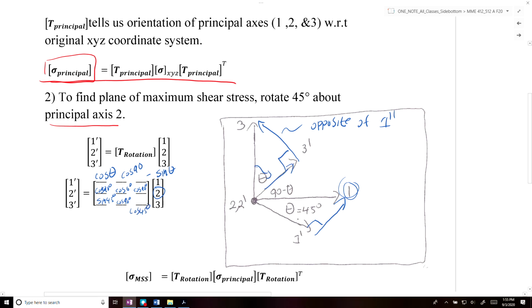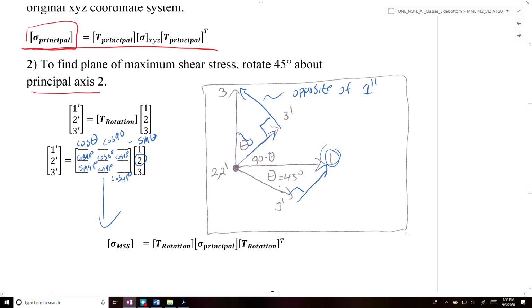If we plug this transformation matrix into this rotation, we can call this matrix T rotation. We multiply the rotation matrix times our principal stress matrix times the transpose of the rotation matrix, and we get our stress matrix for the maximum shear stress.